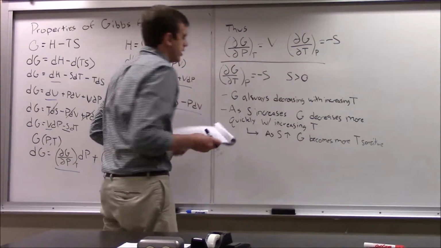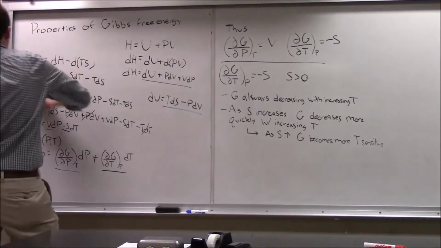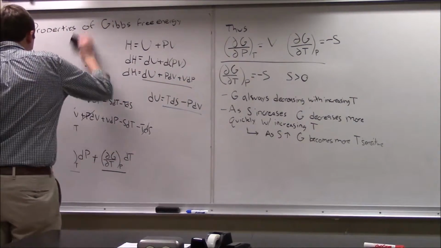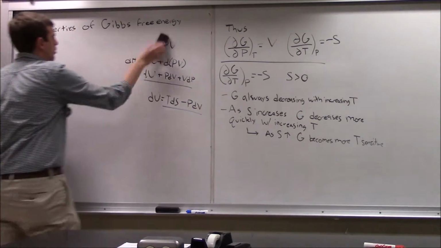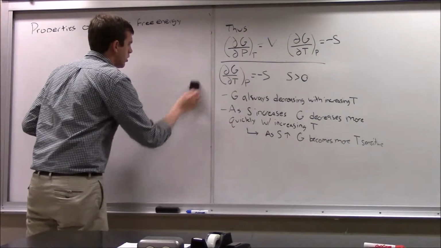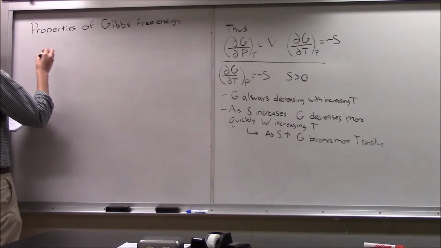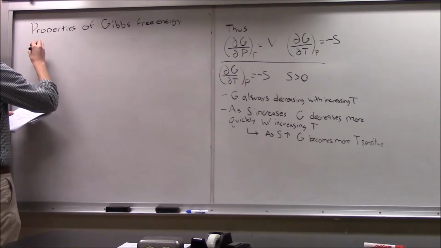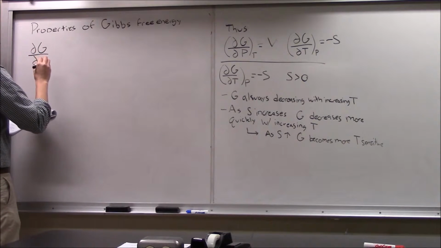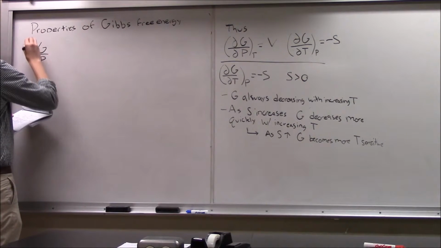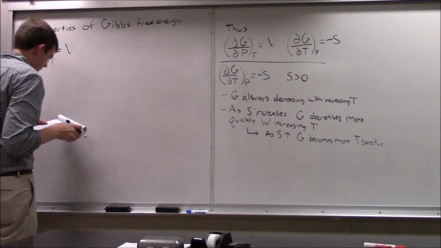Now what does the other one tell us? Well, we don't need this anymore, and we'll discuss the second partial derivative. Now I'm going to be looking at my partial derivative of my Gibbs free energy in terms of my pressure at constant temperature, and this is equal to the volume.